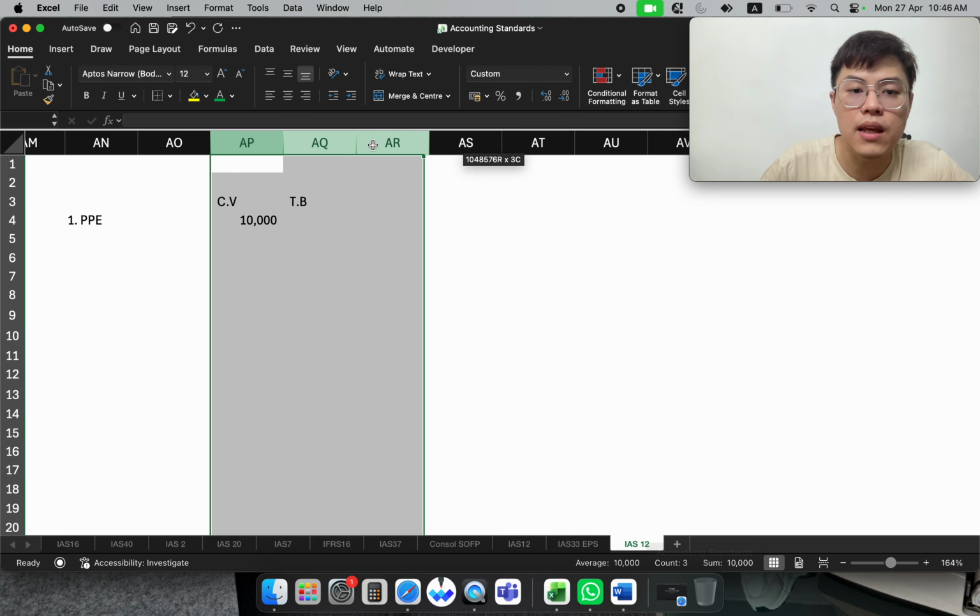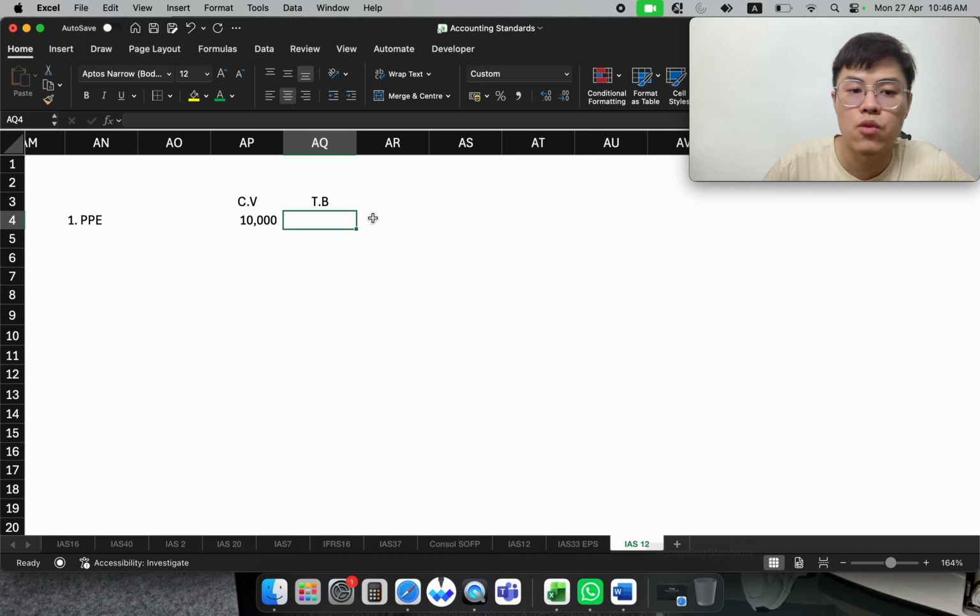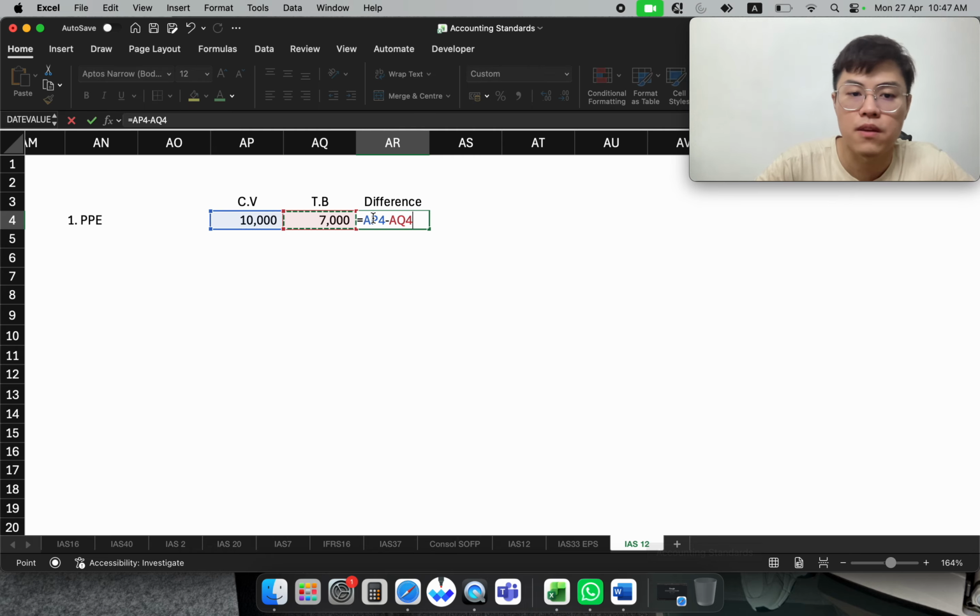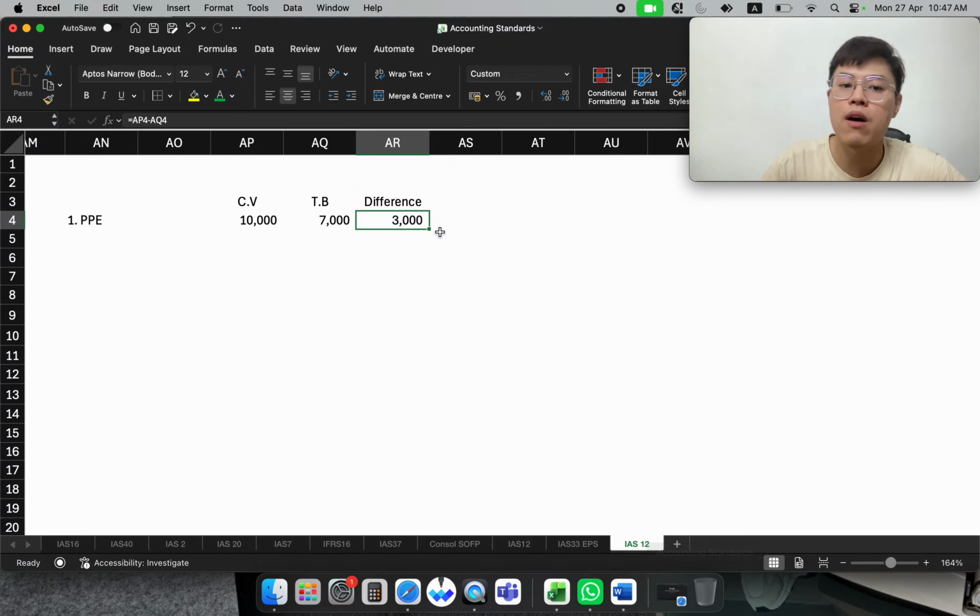But normally in PPE, the tax base will be slightly lower, because they claim more tax in terms of capital allowance. So the difference will be 3,000. We are trying to tell other people that in future we will pay 3,000 difference in higher tax.